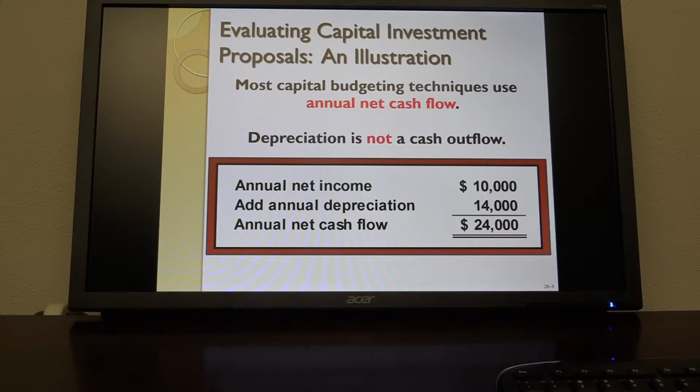This is kind of like a very simplified version of the indirect method in determining your operating cash flow when preparing a statement of cash flows, if you did that in financial accounting. You add back into net income your annual depreciation because it's not a cash outflow.